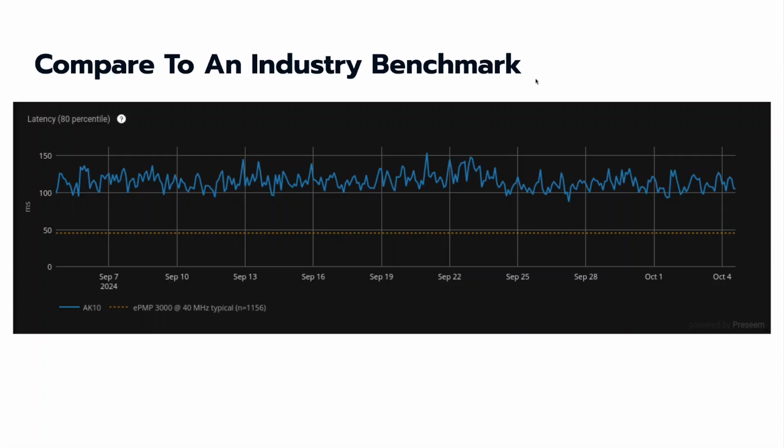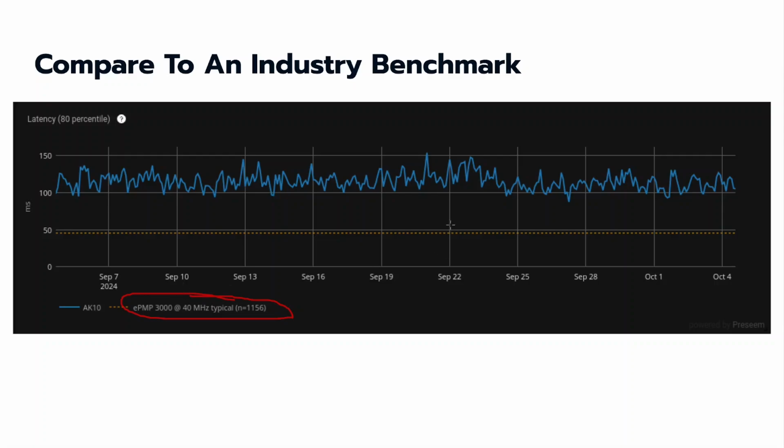So here is a chart that shows the industry benchmark. We're comparing that particular access point, which is an ePMP 3000 with 40 megahertz channel width, to all of the similarly configured, same model access points that Perceive, in this case, monitors.